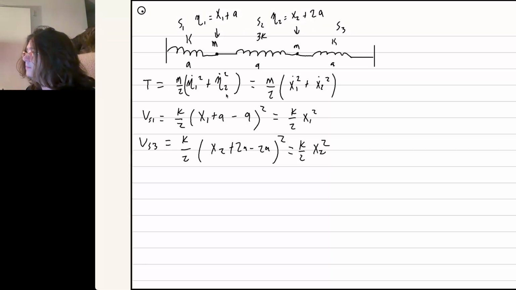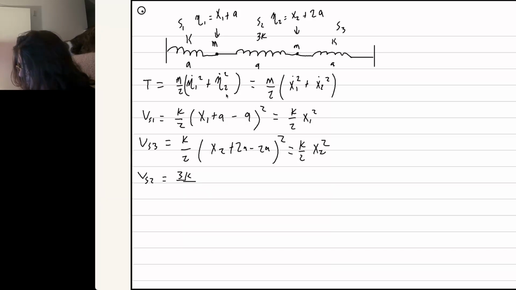Fantastic. Then for the middle spring, S2, it's also a Hooke's law potential, except now you have 3k over 2 out front. And then in the middle, it's the distance from eta 2 to eta 1.